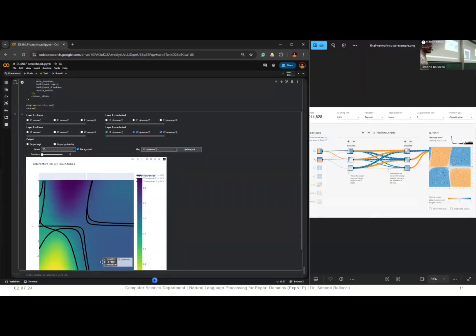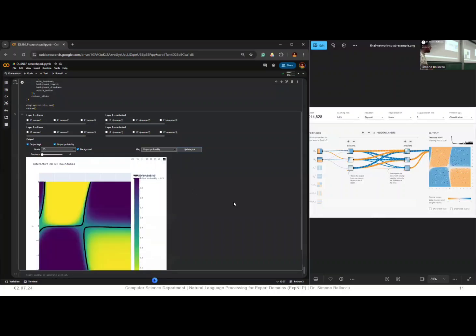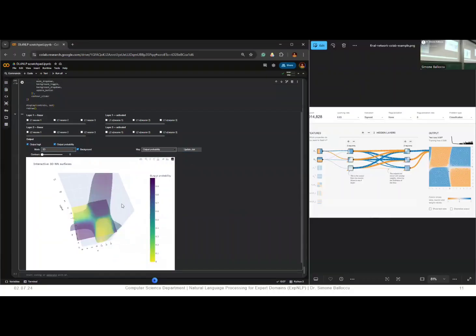Now, if I combine this in the last output layer, this becomes a single curve because it's only one neuron, one output layer. And we can pass to the final one. And this is what we obtain. If you switch to 3D, we can also see a very nice curve that actually models the boundary of our problem.